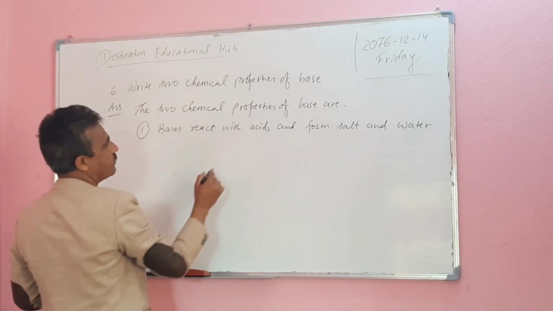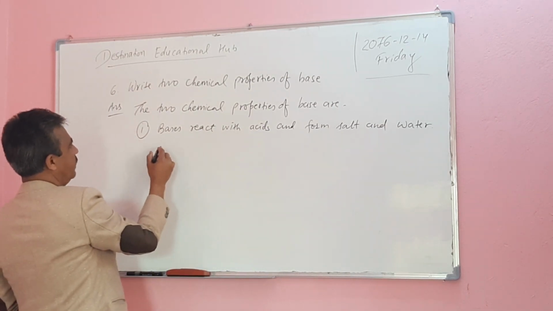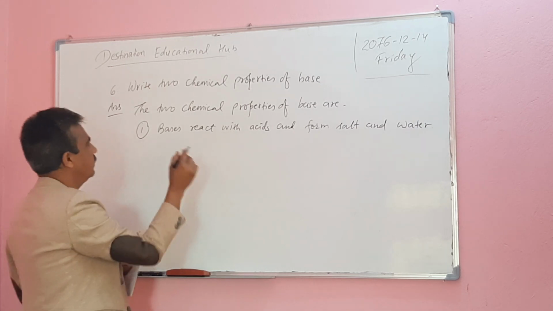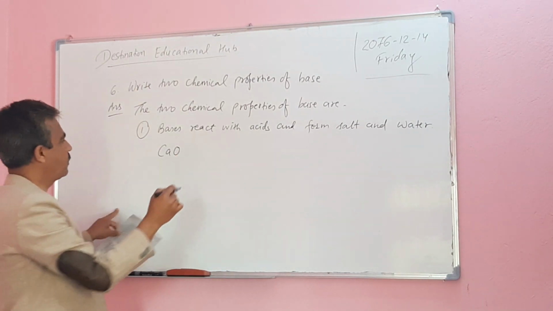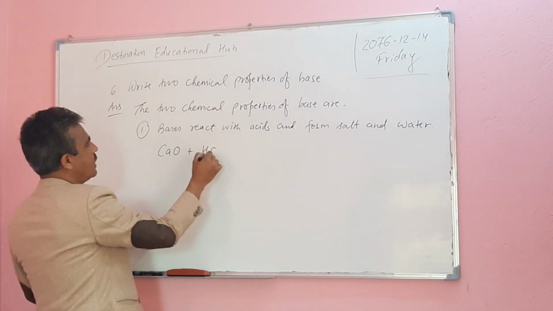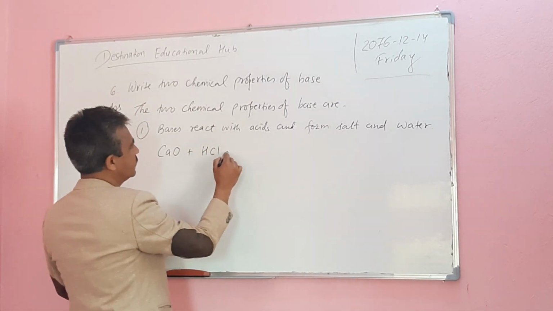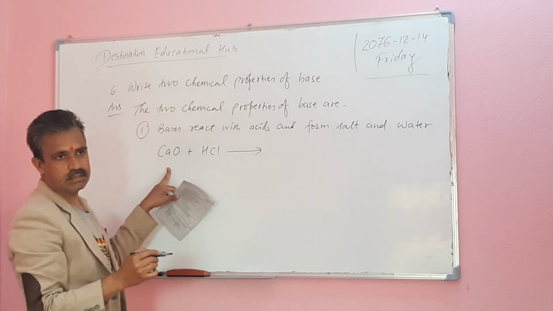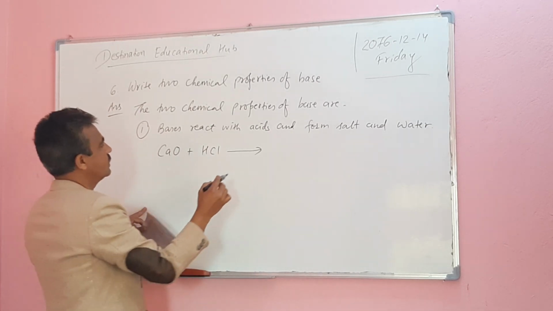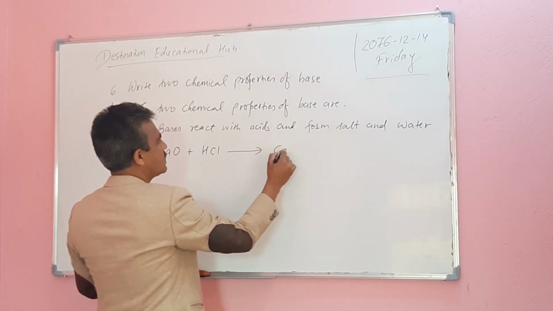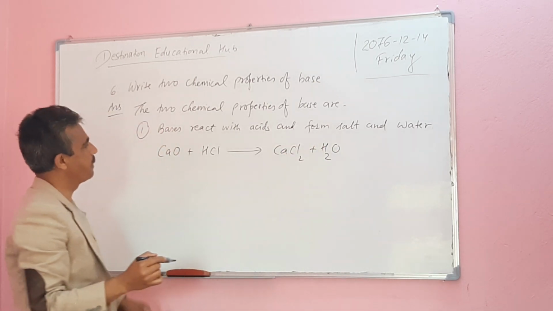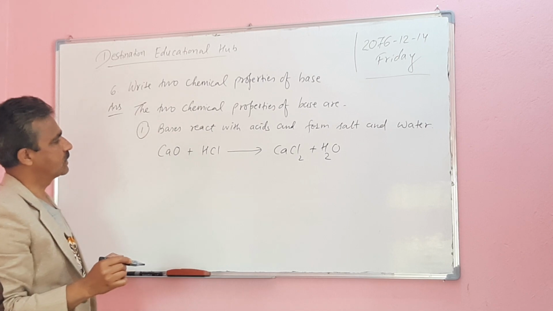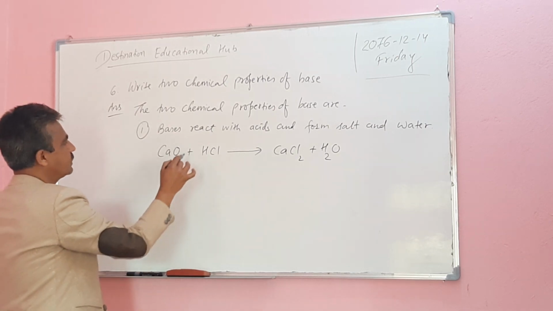Okay. One example, one base. Calcium oxide, a base, plus acid HCl, hydrochloric acid. Calcium oxide, base, plus hydrochloric acid gives CaCl2 plus H2O. It's not balanced. We need to balance it by writing 2 here.